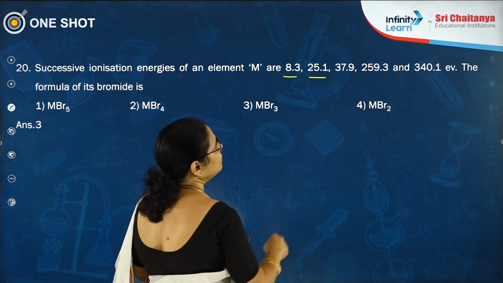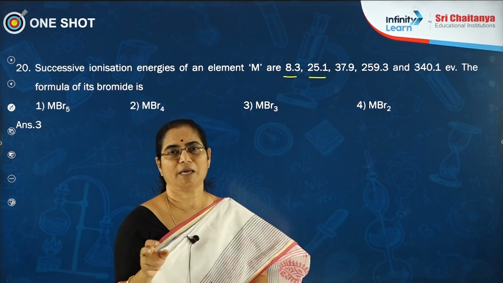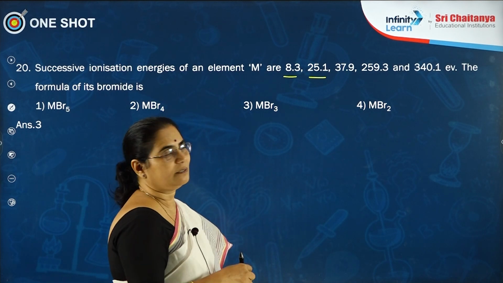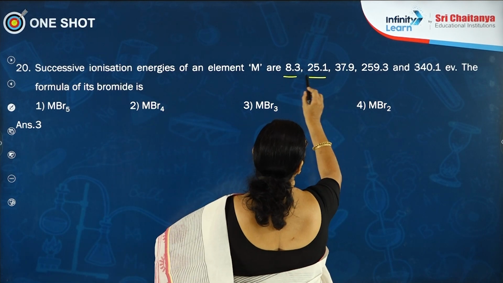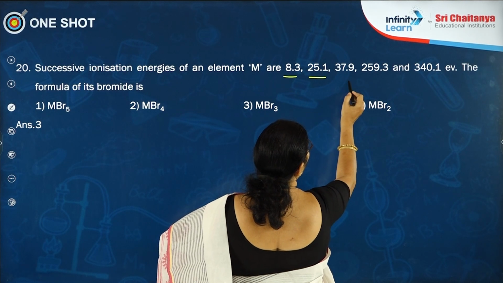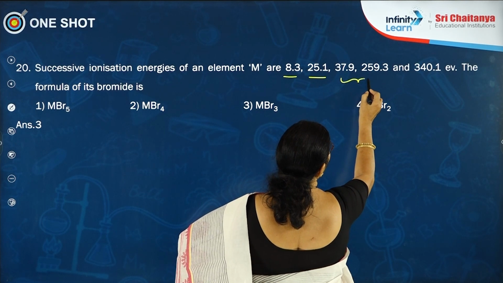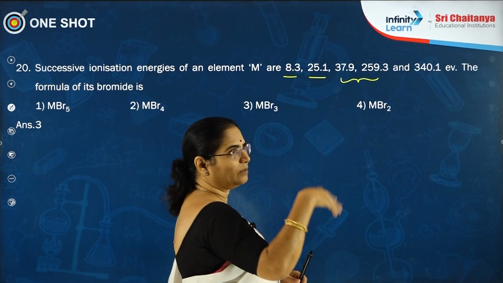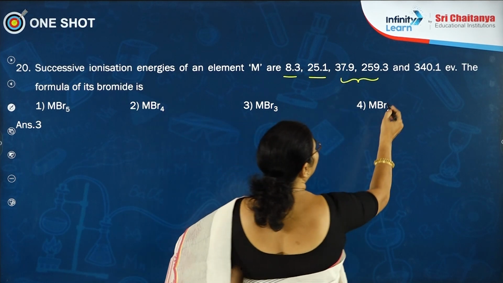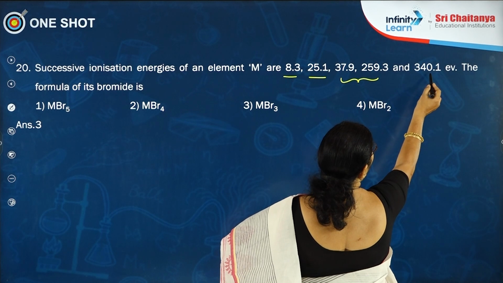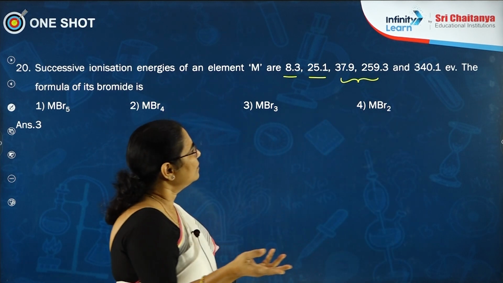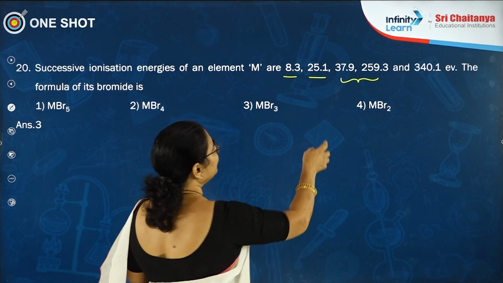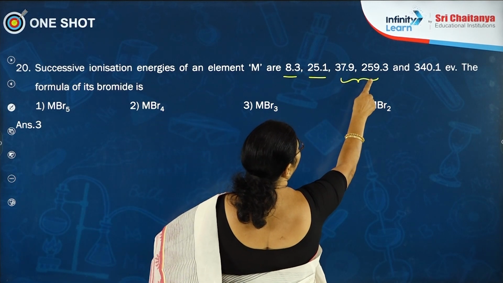When they give values like this, you select the two IP values where the hike is maximum. The difference here is 40 to 260, which is 220 units. Between 260 and 340, the difference is less, 80 units. So the maximum difference is found between third and fourth.